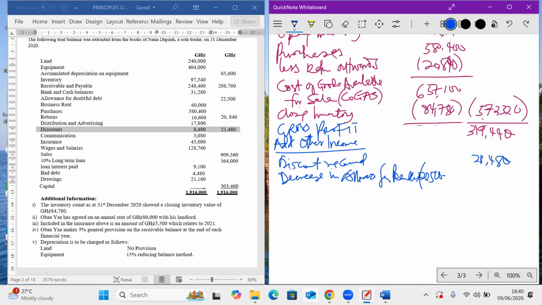So minus, in brackets, 5% on the receivables figure, 248,400. And how much do you arrive at? 10,080. I believe you guys understand this.